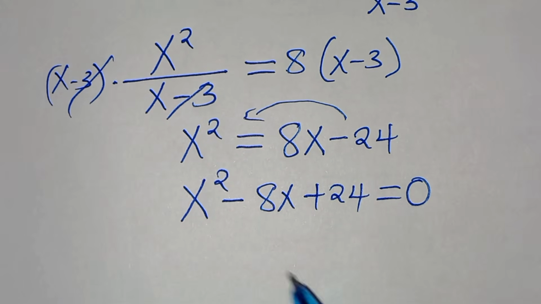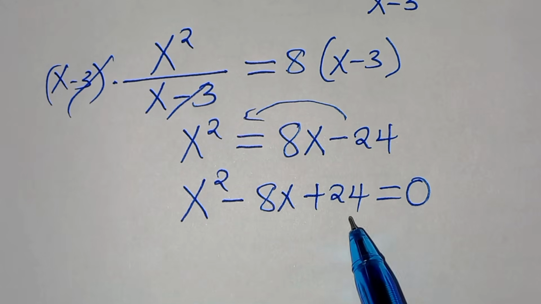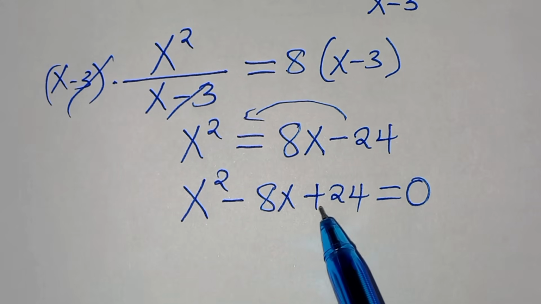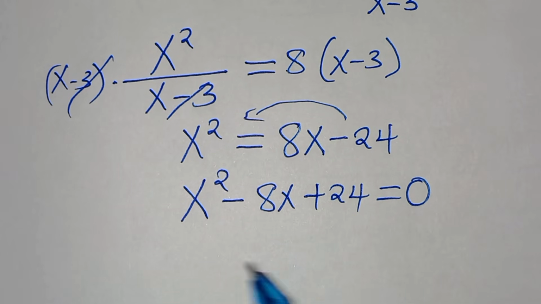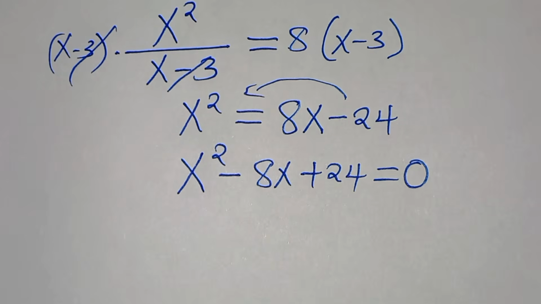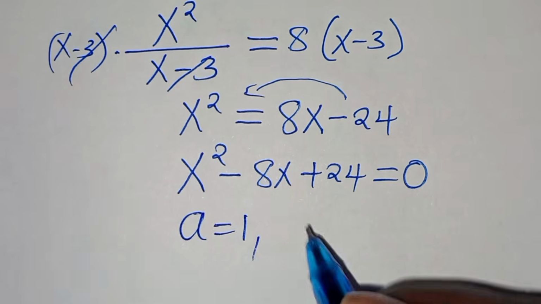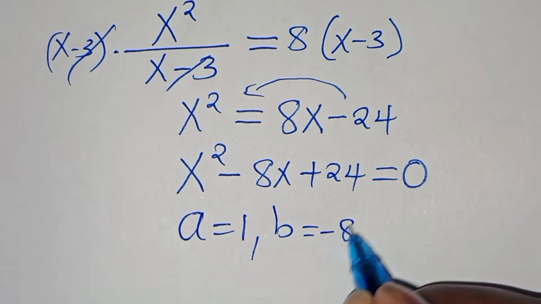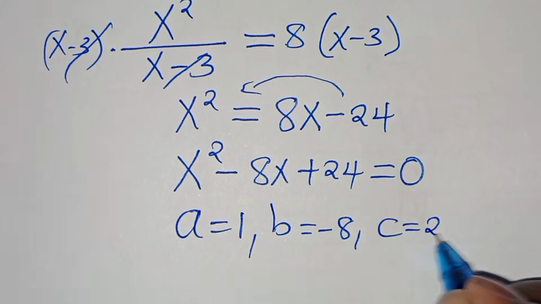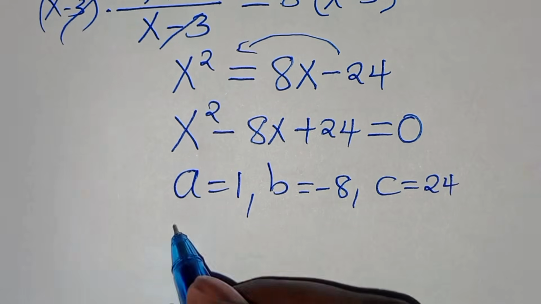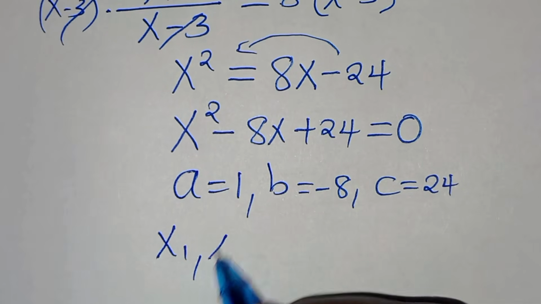So we have that this is a quadratic equation, and we can solve this quadratic equation by quadratic formula. We have the value of a is equal to 1, b is equal to minus 8, and c is equal to 24. So we have x1, x2.